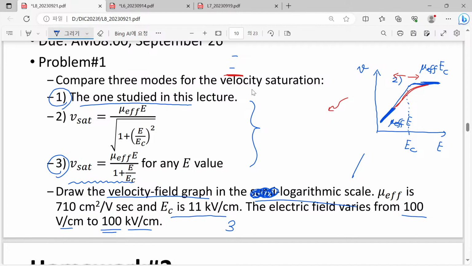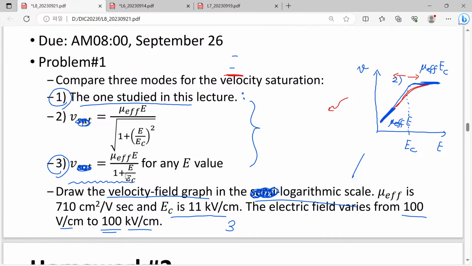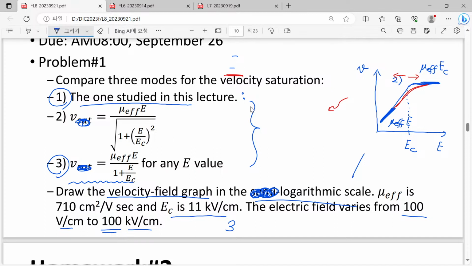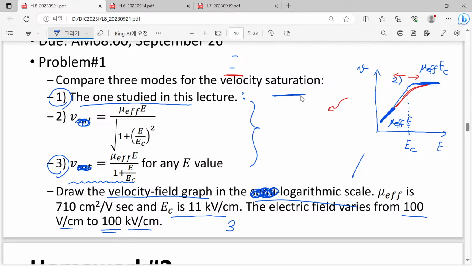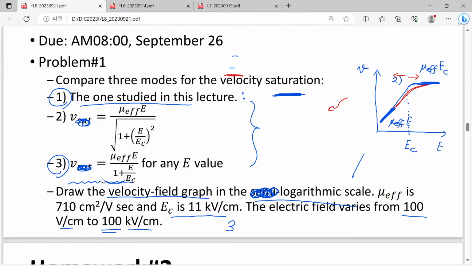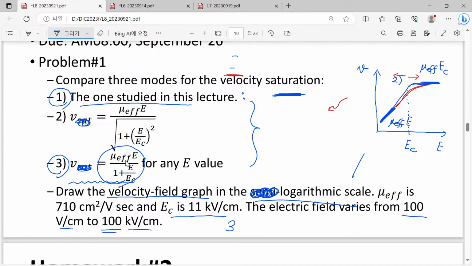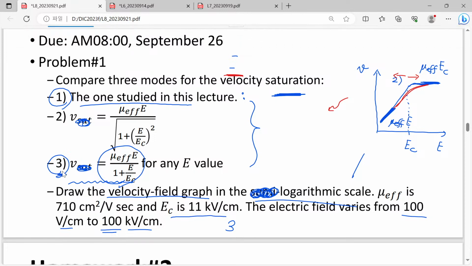In this lecture, we have not applied this velocity expression everywhere. We have limited ourselves only to linear mode, where the electric field is sufficiently low. Please don't be confused. Beyond a certain level, we have just a straight line, and this is not. We have a much smoother transition for our model 3. So please just draw it.